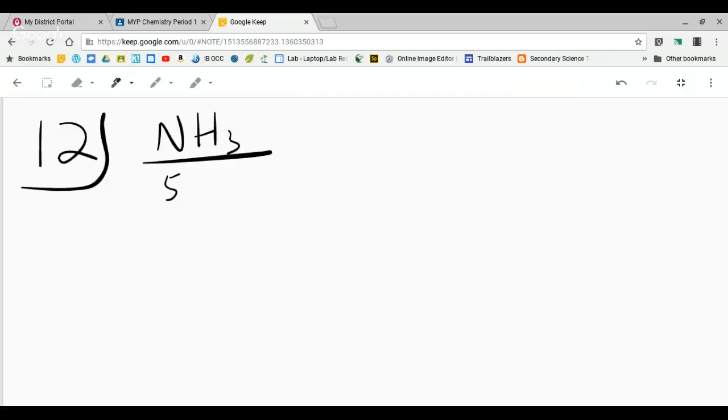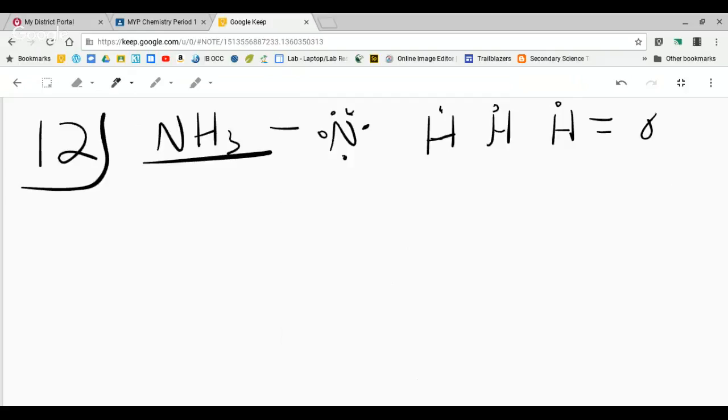And one way we wrote that out a lot was doing the dot structures of them. So N is 1, 2, 3, 4, 5. Each H, hydrogen's in group 1, so it has 1 valence electron. So you can look at these combined and see that NH3 has a total of 8 valence electrons.